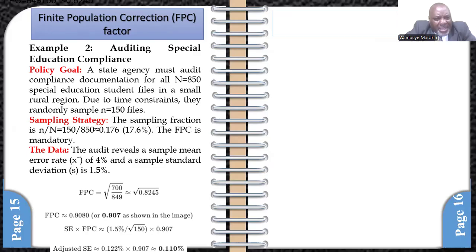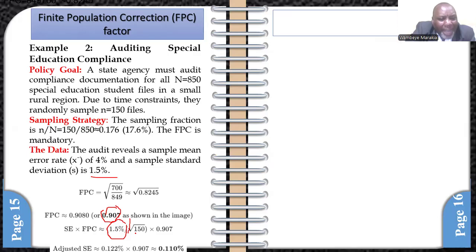Then we take the FPC and multiply with 1.5%, which is our standard deviation, all over the root of 150.